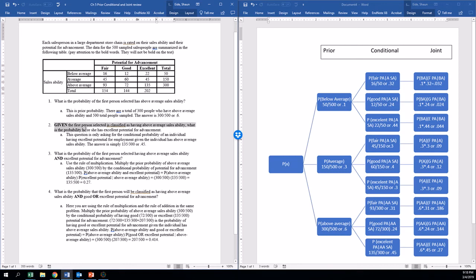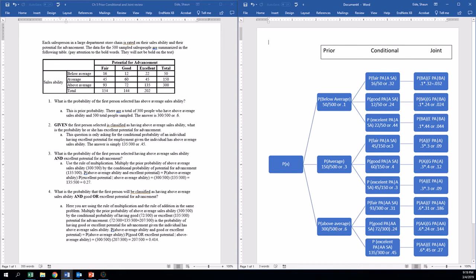Next, given the first person selected is classified as having above average sales ability. So before we get on to number 2, what I did here is I made a probability tree. So right here we have all the prior probabilities, and then we have all the conditional probabilities and all the joint probabilities.